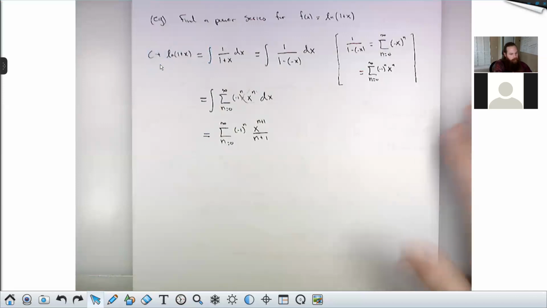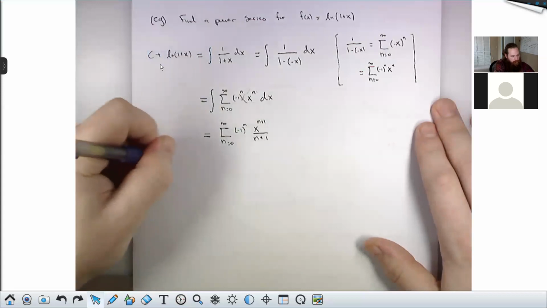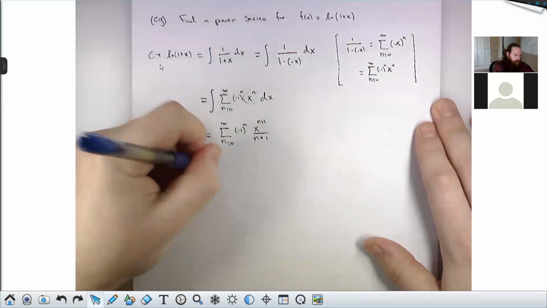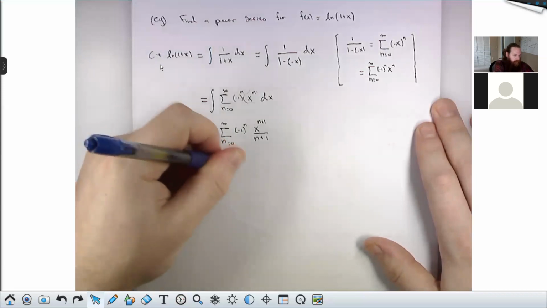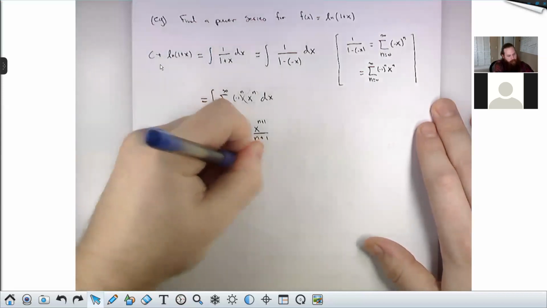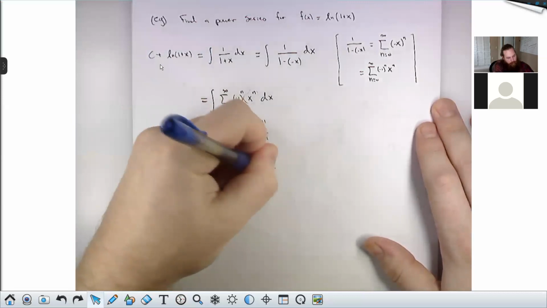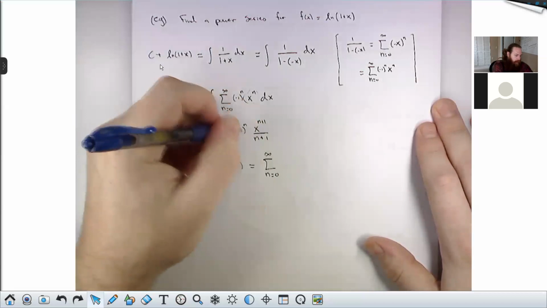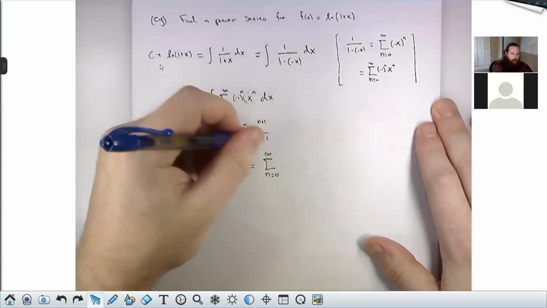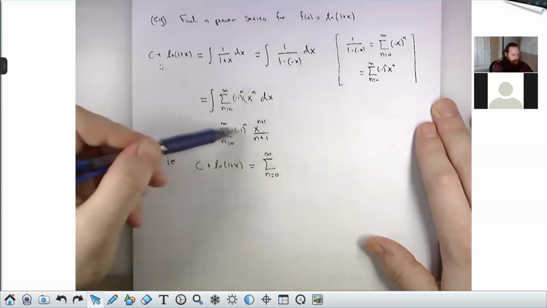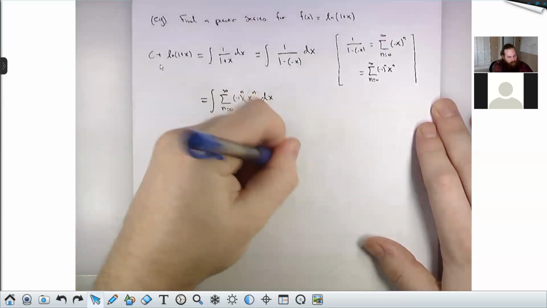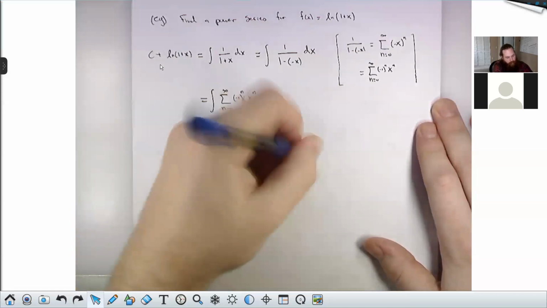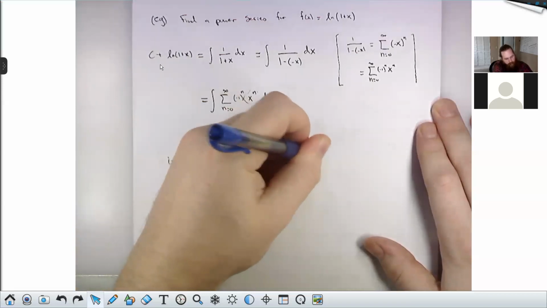So in other words, what we've just shown here is that c plus the natural log of 1 plus x is equal to sigma n from 0 to infinity. It's equal to this thing. And I'm going to put the 1 over n plus 1 term from the downstairs here separate from the x. So this is negative 1 to the n over n plus 1 times x to the n plus 1.